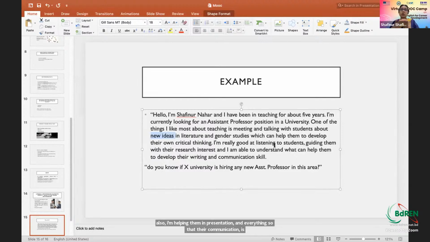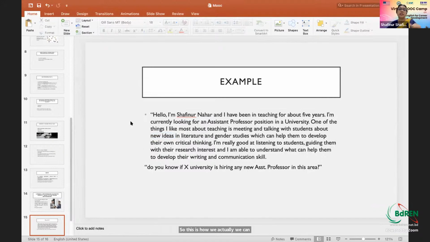So see, within these 5-6 sentences, I'm actually giving a whole scenario of my skill and my interest. And then I'm ending with, do you know if X university is hiring any new assistant professor in this area?